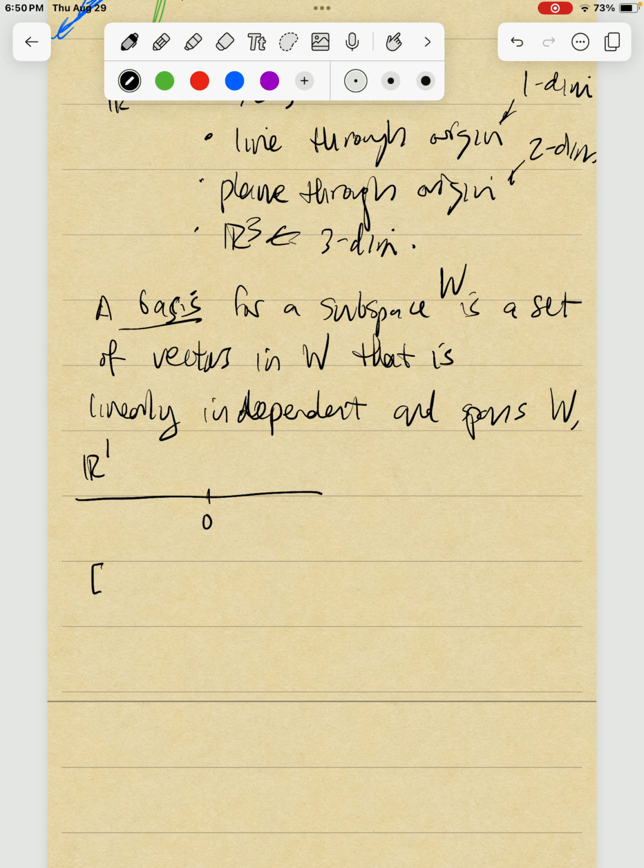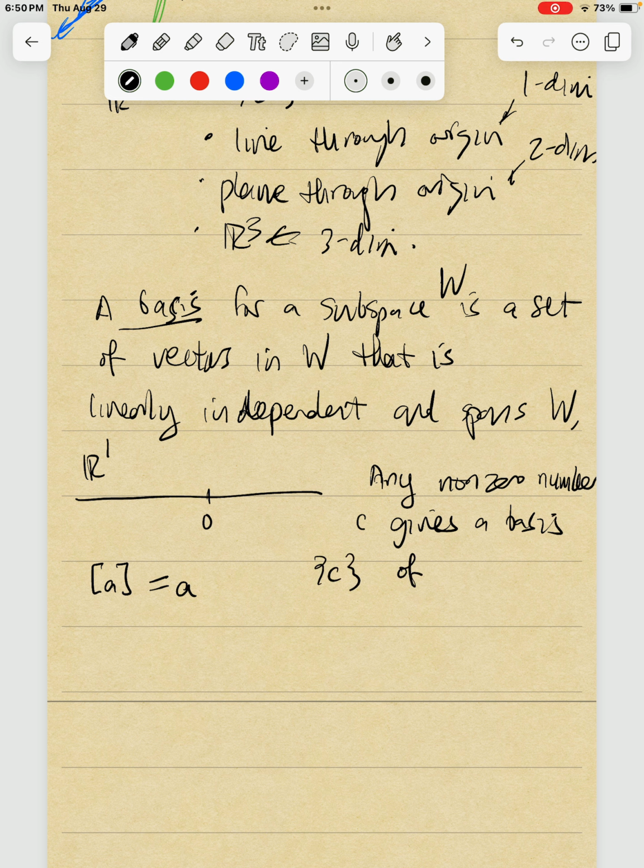So we'll just identify it with the number A. Now any non-zero number C gives a basis, the set consisting of C, of R1. Right, you just pick any number C.